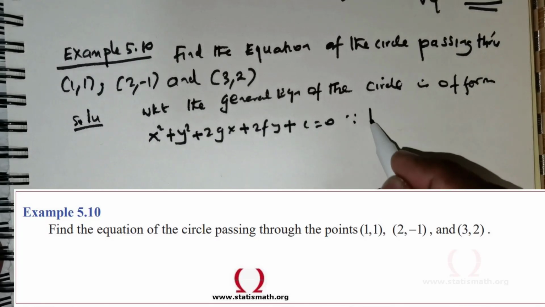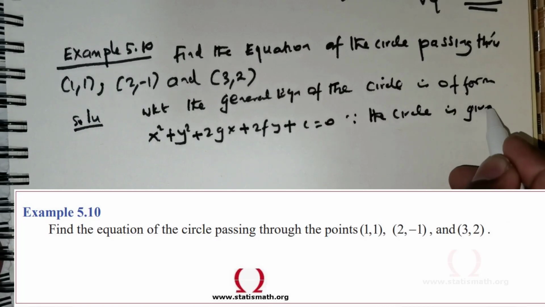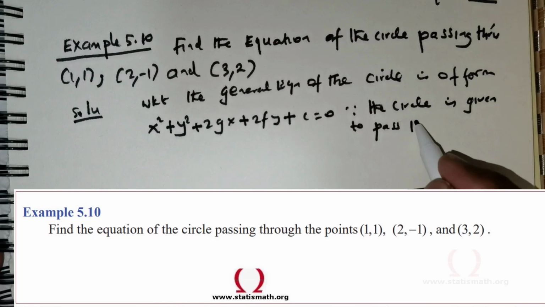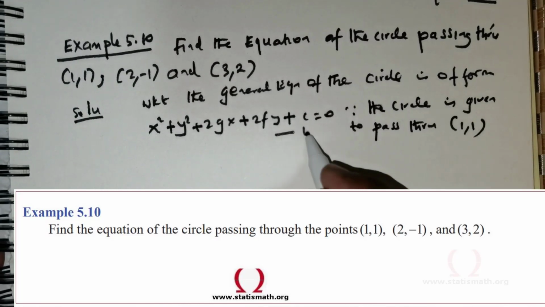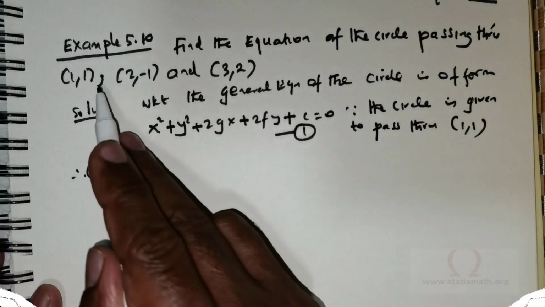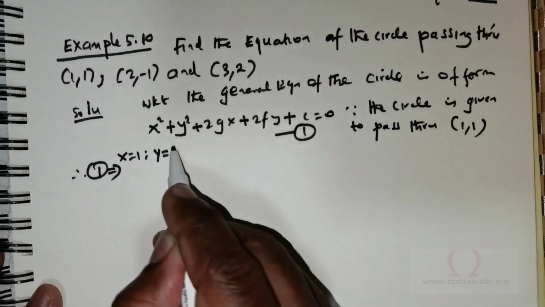Now, since the circle is given to pass through (1, 1), in place of x I substitute 1, in place of y I substitute 1.